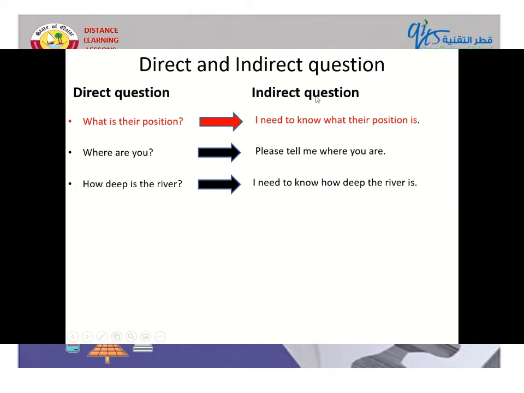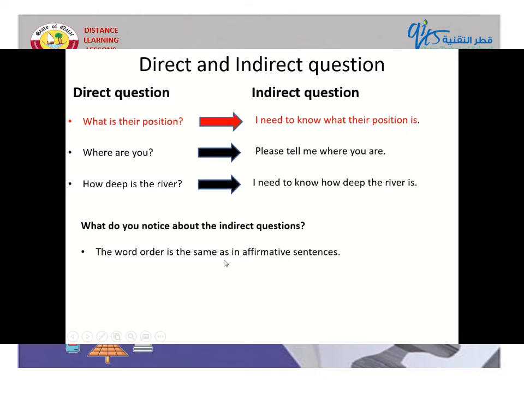Now, what do you notice about the indirect questions? One, the word order is the same as in the affirmative sentence. So now, the indirect question starts with a phrase, then the question word, followed by subject, then a verb, just like we have in the affirmative sentences.